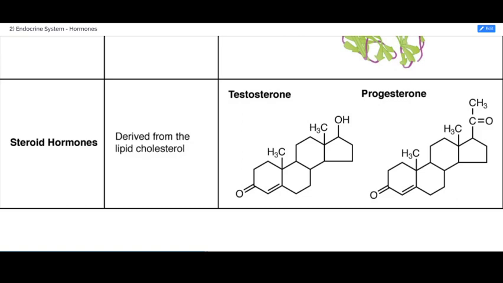For example, the two carbons that are attached to the five-sided ring structure in progesterone are part of a longer carbon chain that would be present in cholesterol. That's just been cut down, so to speak, to give us the steroid hormone. And then testosterone doesn't even have carbons in those positions. It's just a hydroxyl group there.